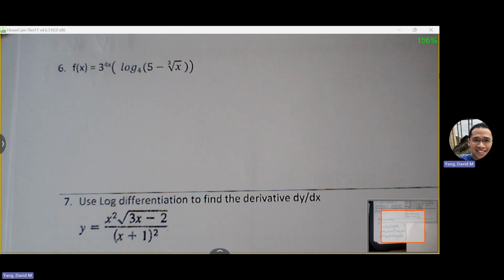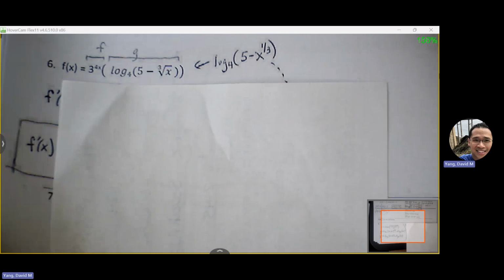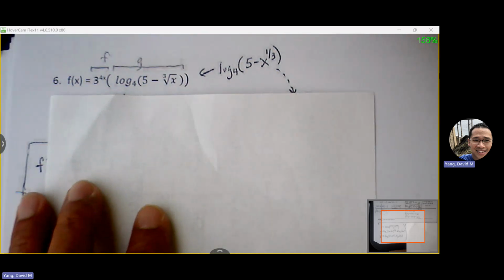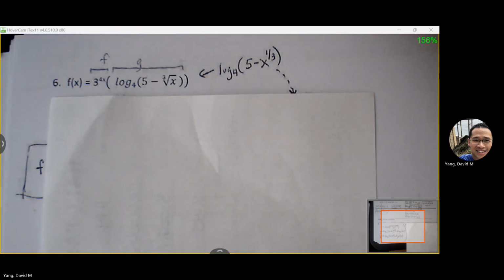Okay, next page, try number 6. We see two functions being multiplied, so hopefully that reminds us we have to go through product rule there. And these are the two new rules, extensions from natural log and e to the u.